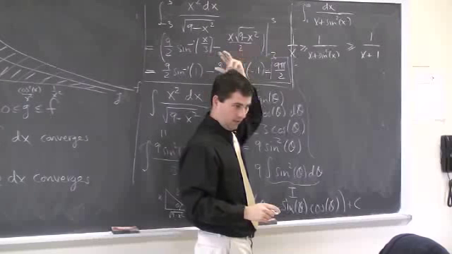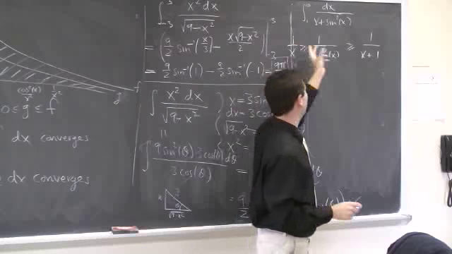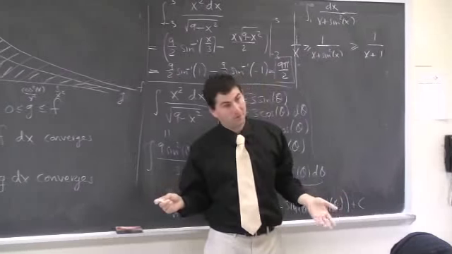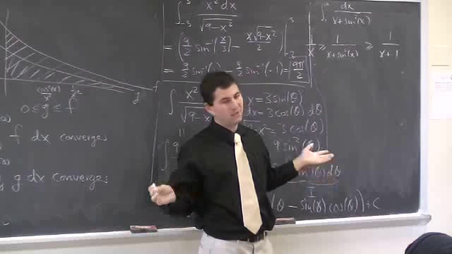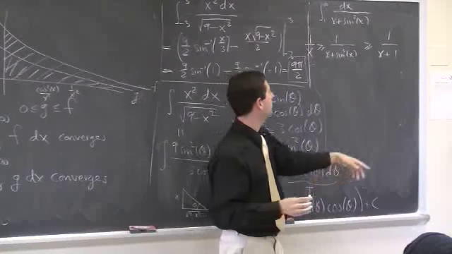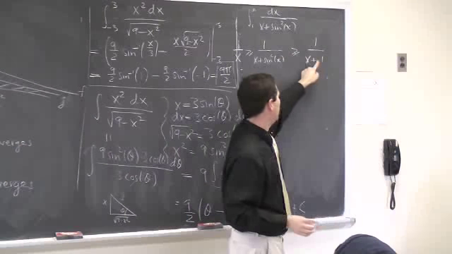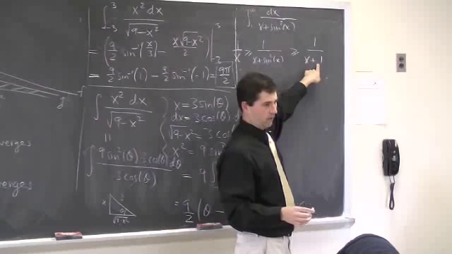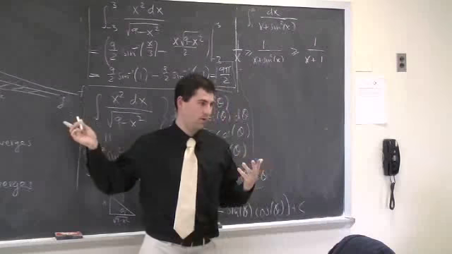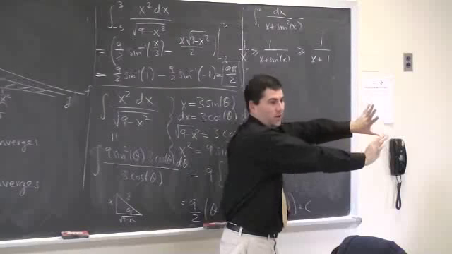You can see why this is tricky, it's a little challenging, because right from the start you have to decide, do I want to show it converges or diverges? So you have to start getting a feeling for it, and the only way you can get that feeling is to do a lot of problems. So this is the one to compare it to, and it's pretty easy to see that this thing is going to diverge, because it's really the same thing as 1 over x. You've just shifted the graph over by 1 unit.